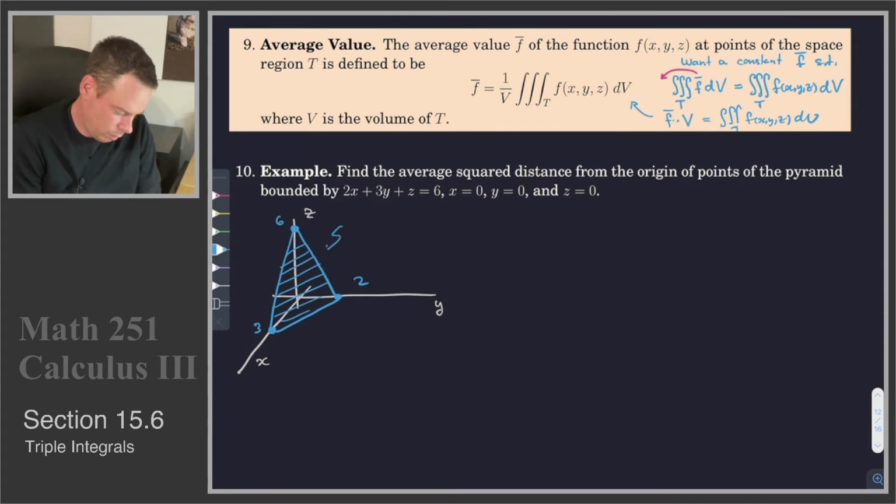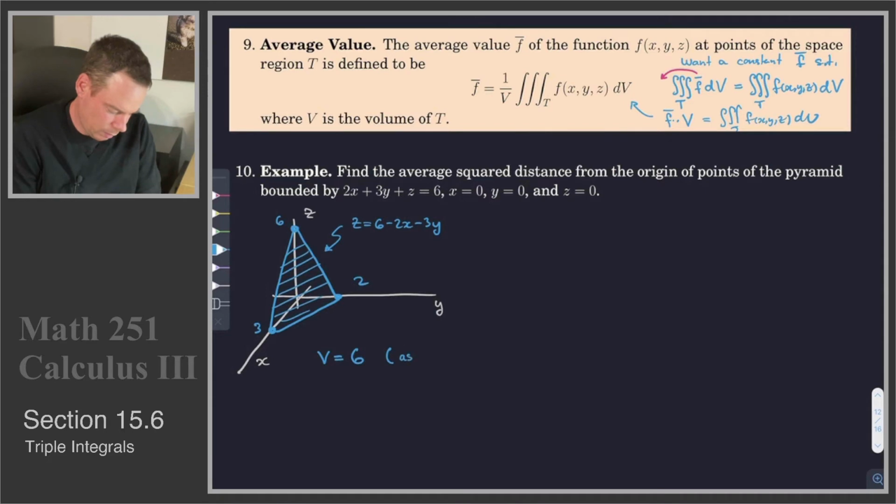This is given by z equals 6 minus 2x minus 3y. We already found out that the volume of this region is 6.